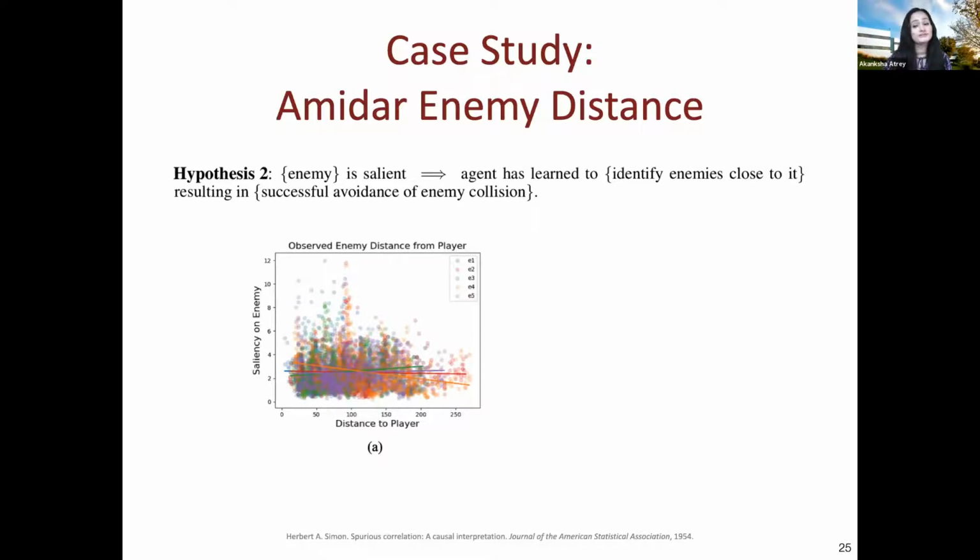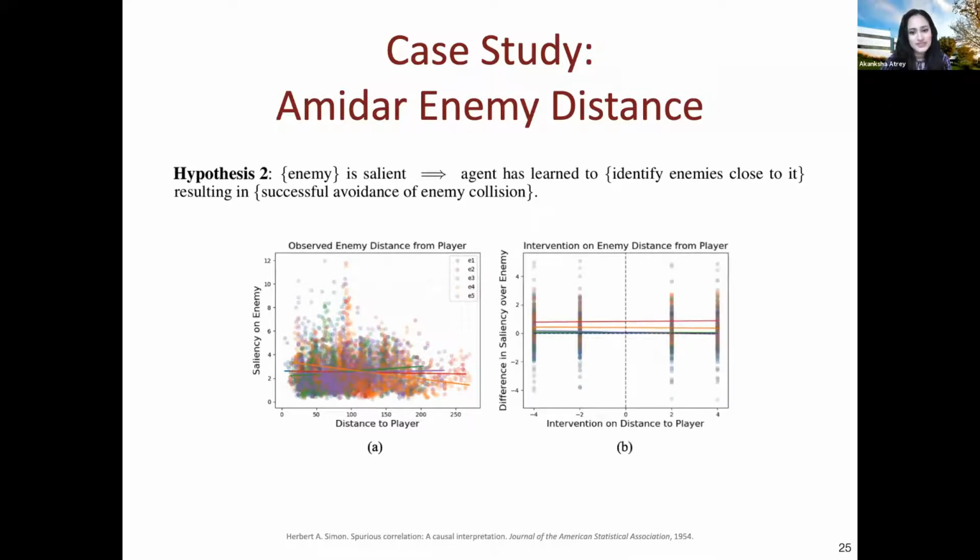So there's no correlation. To further examine this, we intervene on enemy positions by moving the enemy closer and farther to the player. The idea is we would expect a higher saliency for enemies closer to the player. But again, the plot suggests that there's no substantial correlation or causal dependence.